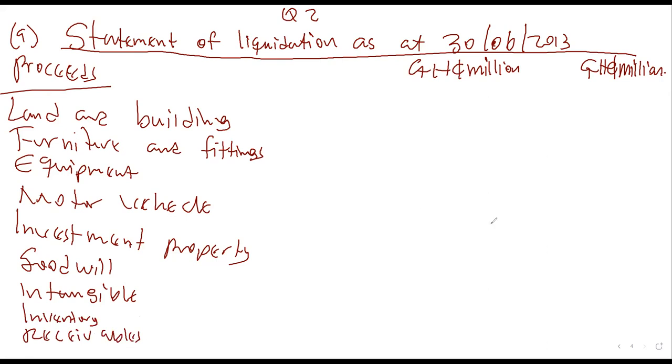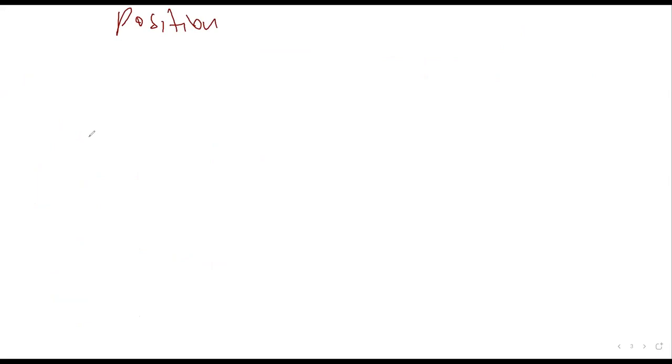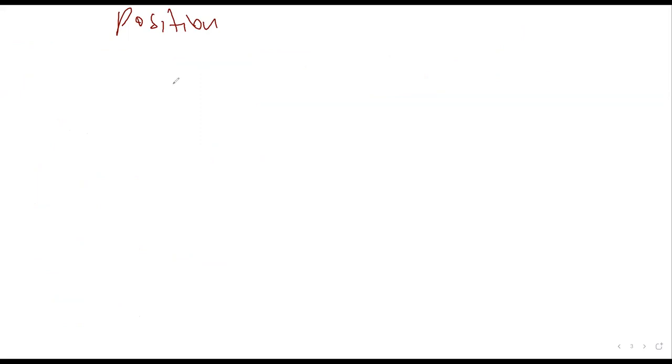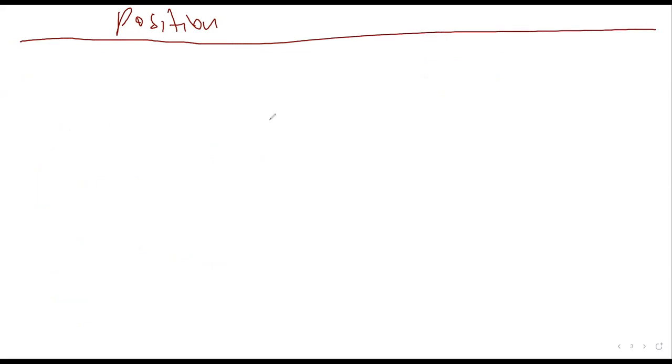Go to the footnotes and pick their values, please. The values must be in order. Now let me walk you through the order of the values you must pick. First, you have to pick them in the following order.